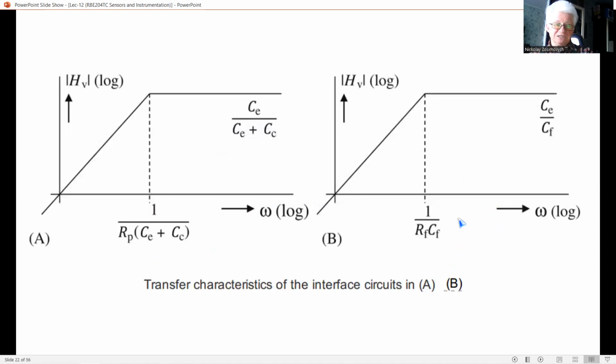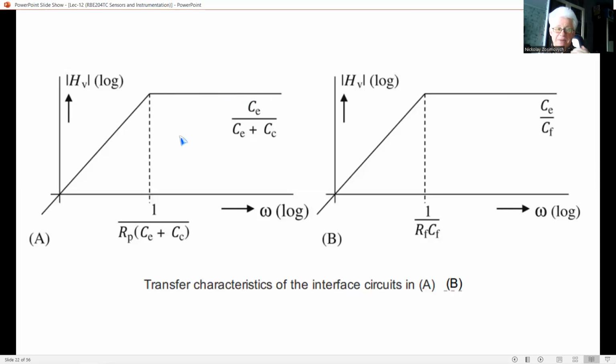Obviously, the transfer shows a high pass character, as you can see in figure A. For frequencies satisfying omega times Rp times (CE plus CC) much greater than 1, the transfer equals CE over (CE plus CC). So it is frequency independent, and we can see it demonstrated here as a horizontal line.